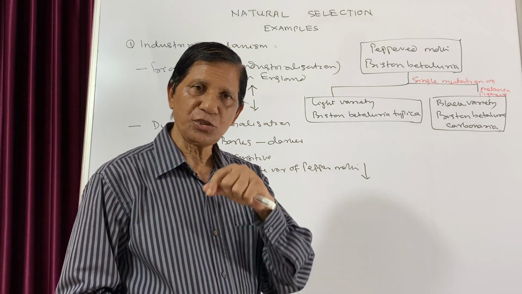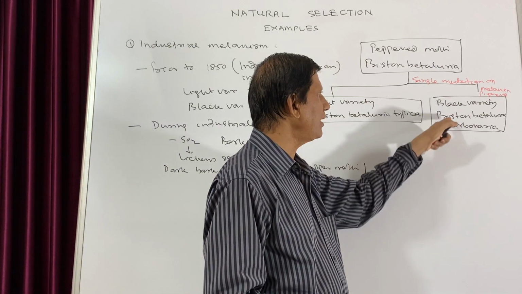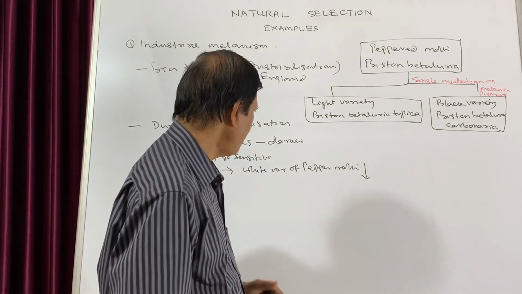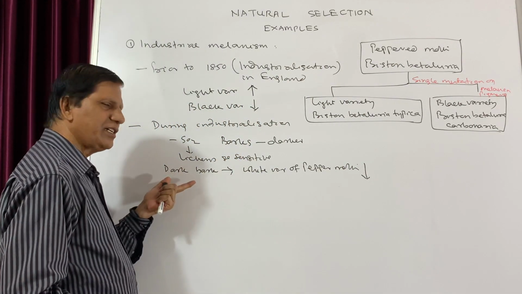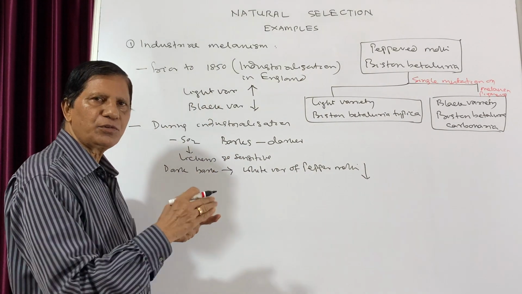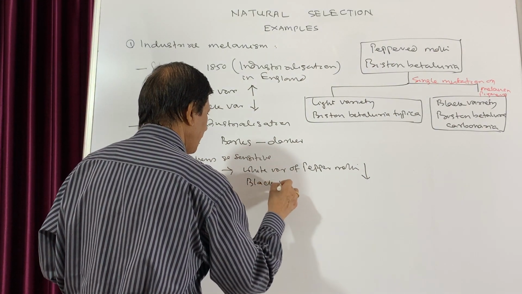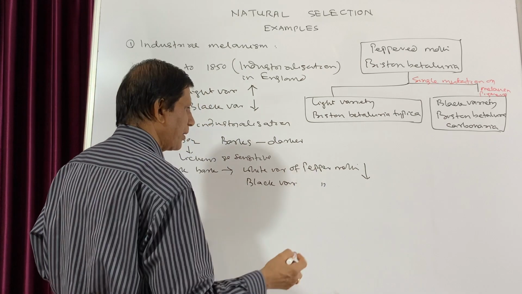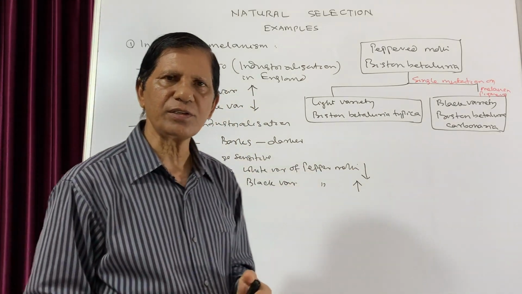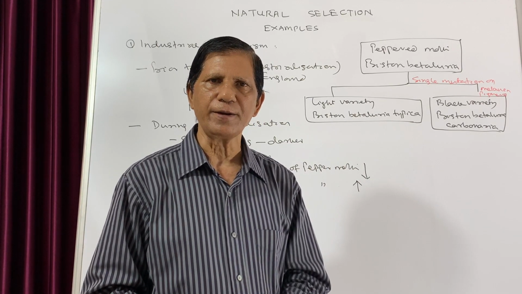But for the survival of that moth, nature had already created this mutant black variety, so that the moth would never be destroyed. The bark is dark and still becoming darker due to the smoke. Now the black variety of the peppered moth increased in number because it has a selective advantage over the white variety.